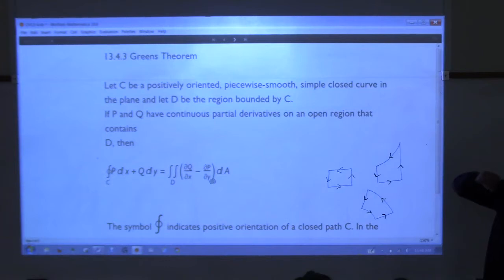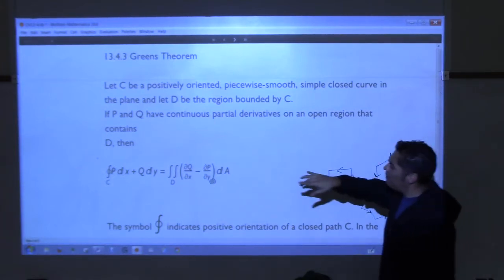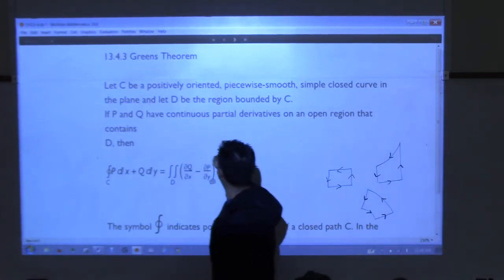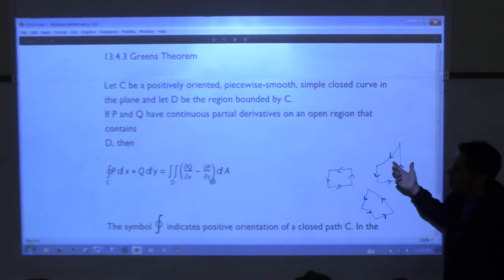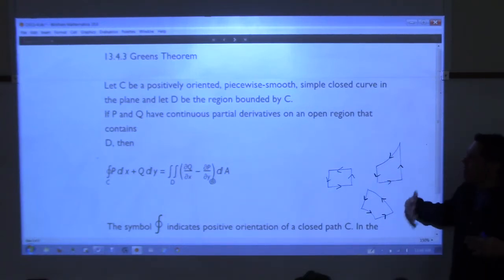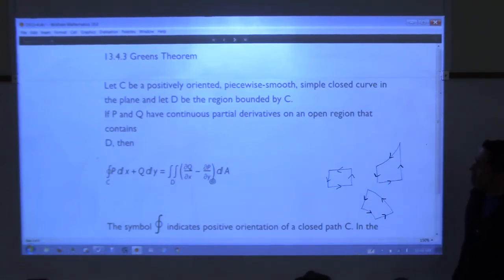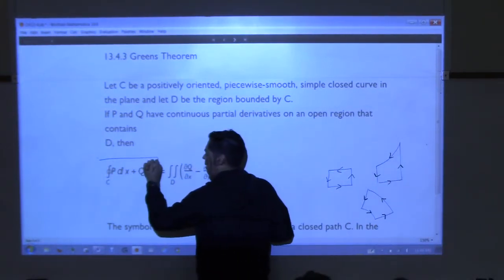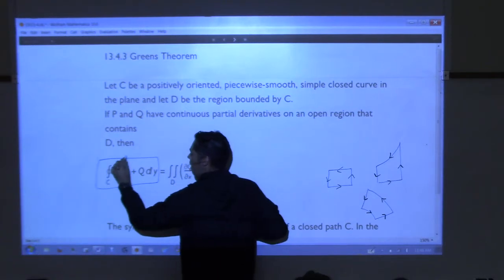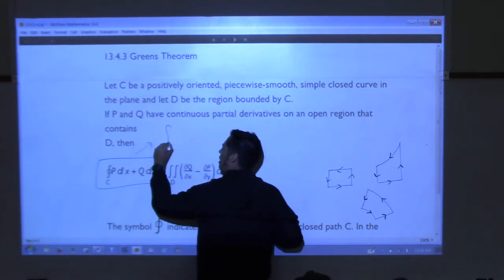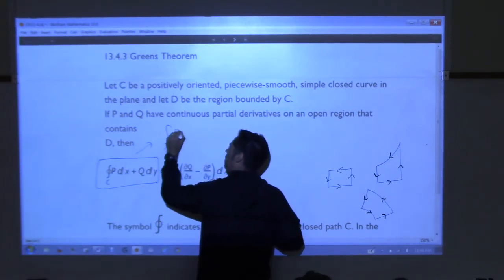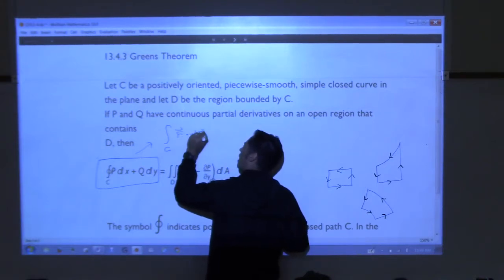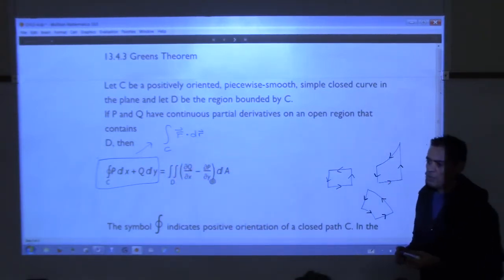This theorem says that if P and Q have continuous partial derivatives, meaning we can just take the derivatives, then this line integral, which should look familiar, is the same as the integral over C of F dot dr. That's the exact same integral, written a different way.